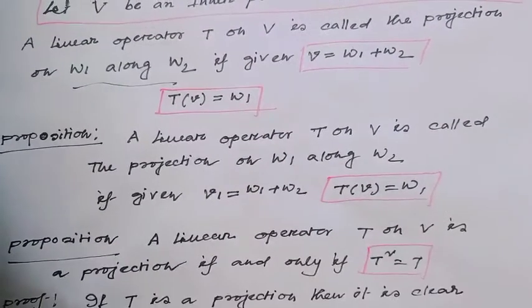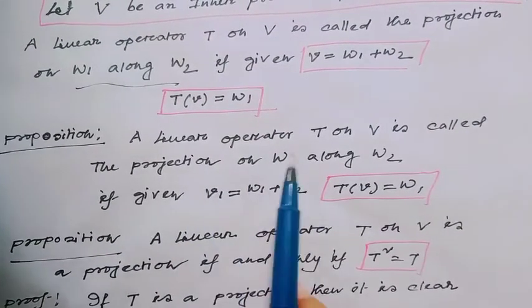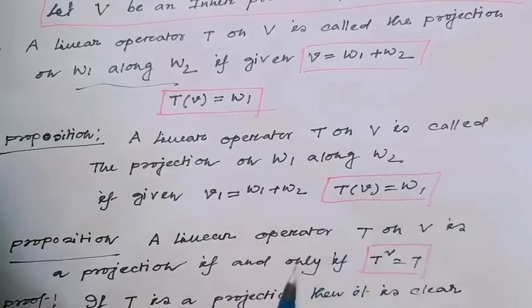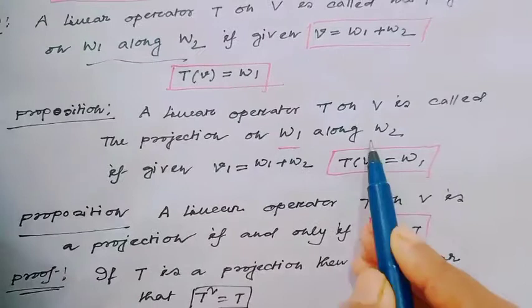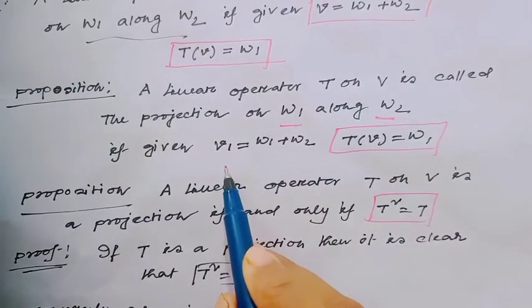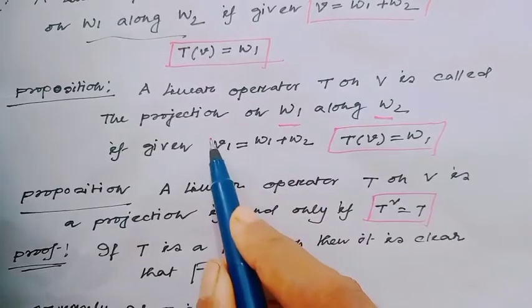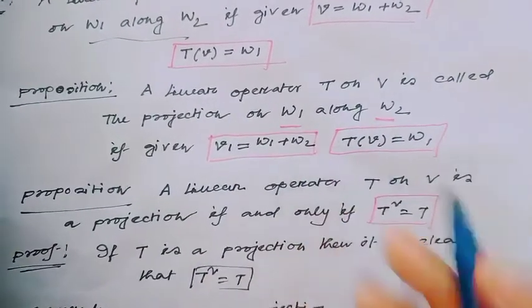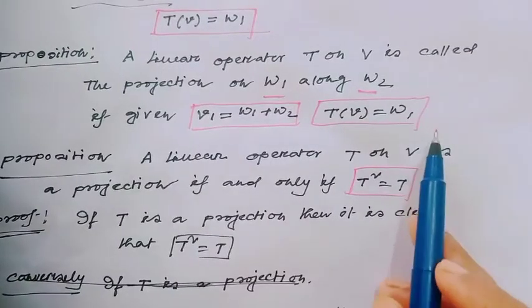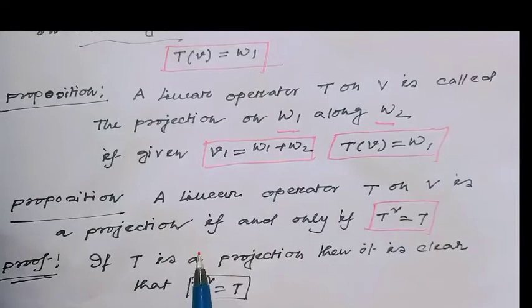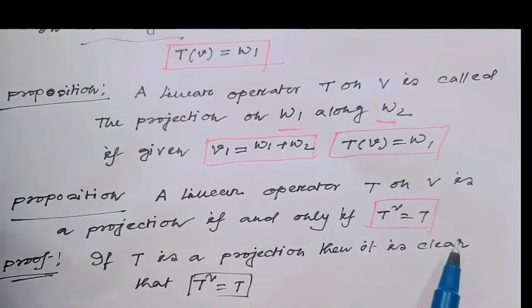The proposition is: a linear operator T on the vector space V is called a projection on W1 along W2, which is given by V equals W1 plus W2, that means TV equals W1. And all of us know a linear operator T on the vector space V is a projection if and only if T square equals T.